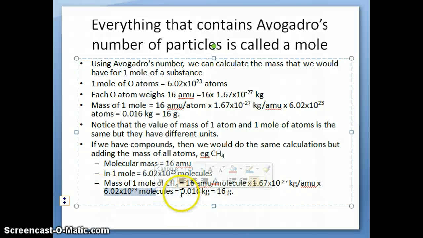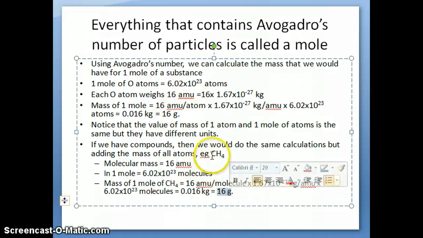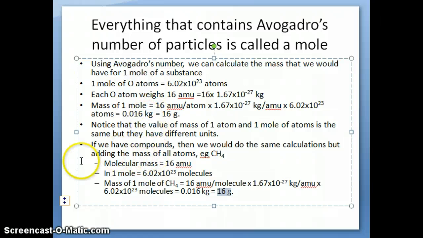If you multiply everything together, you should get this number, 0.016 kilograms or 16 grams. So the mass of 1 mole of methane is the same as the mass of 1 mole of oxygen, even though they're two different substances, just as it happens because the molecule and the atom of oxygen have the same mass.